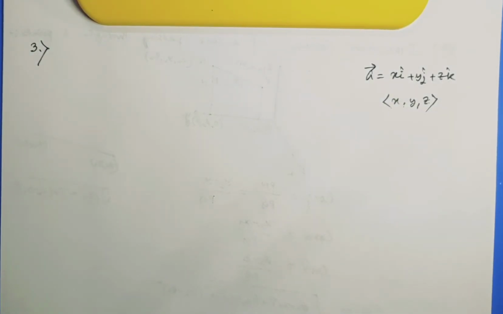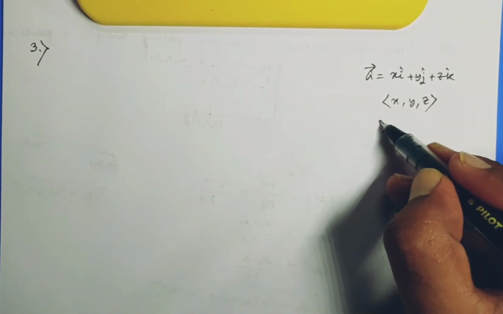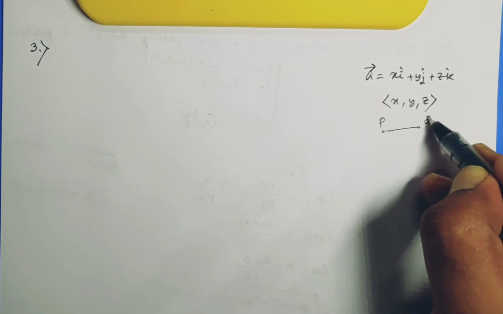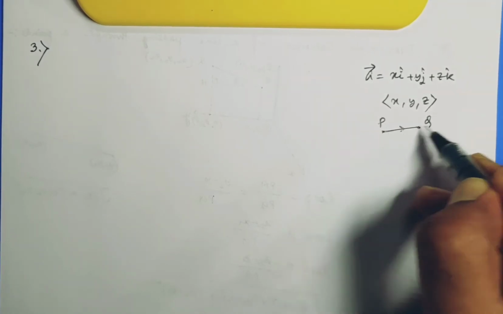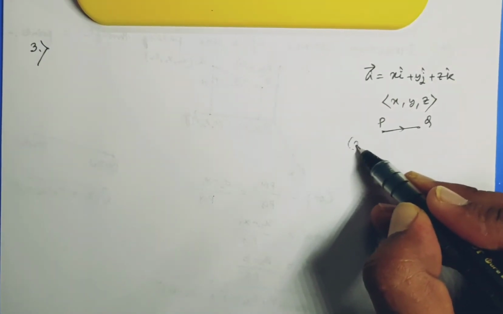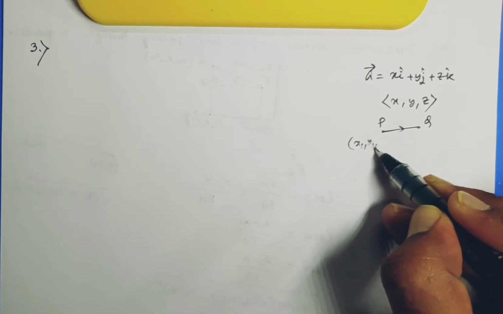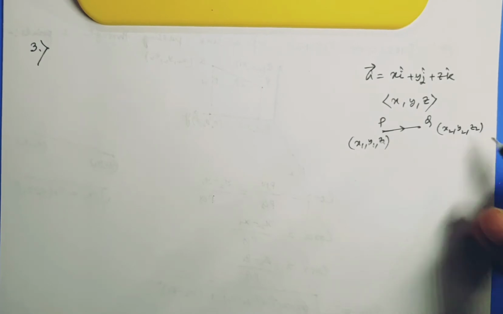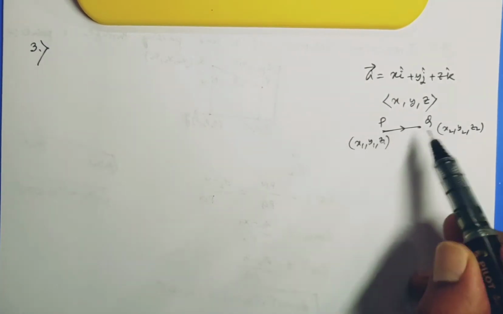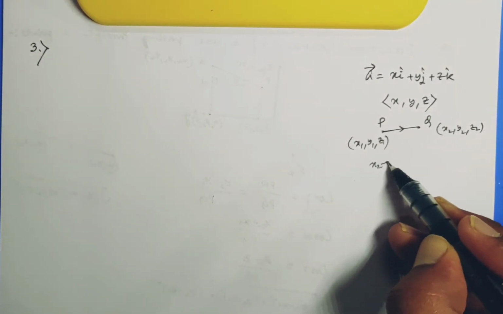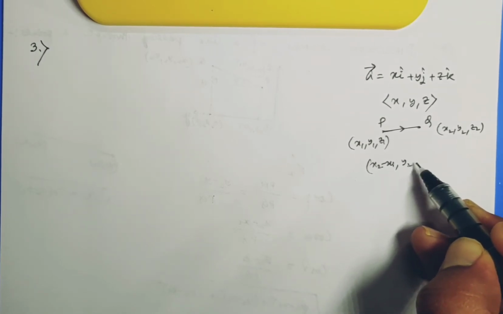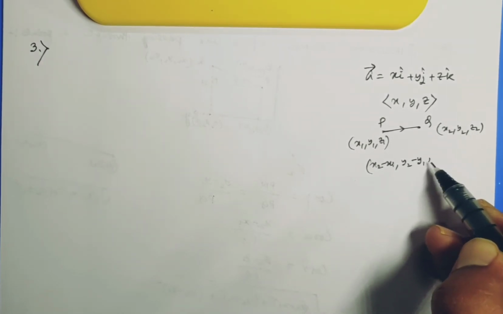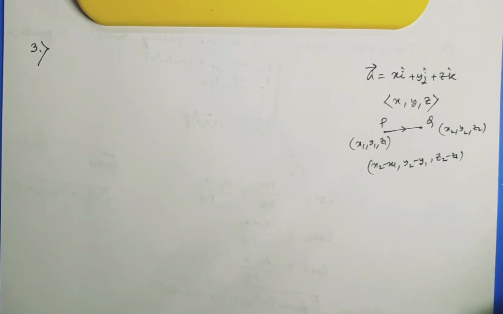Now if I have 2 points P and Q, suppose the coordinate of P is x1, y1, z1 and Q is x2, y2, z2, the direction ratios of PQ are x2 minus x1, y2 minus y1 and z2 minus z1, right?